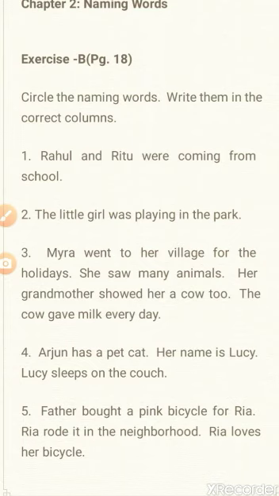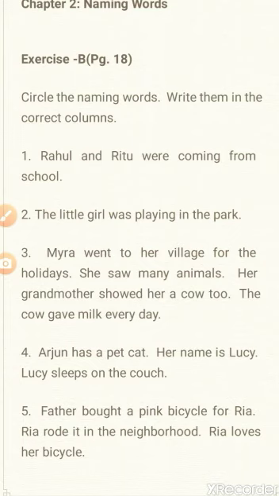Now let's check the words one by one. Myra, is it a name of a person? Yes, it's a name of a girl. So where will you write it? In the people's column. Circle the word Myra and write it in the people's column. Now, "went to her".